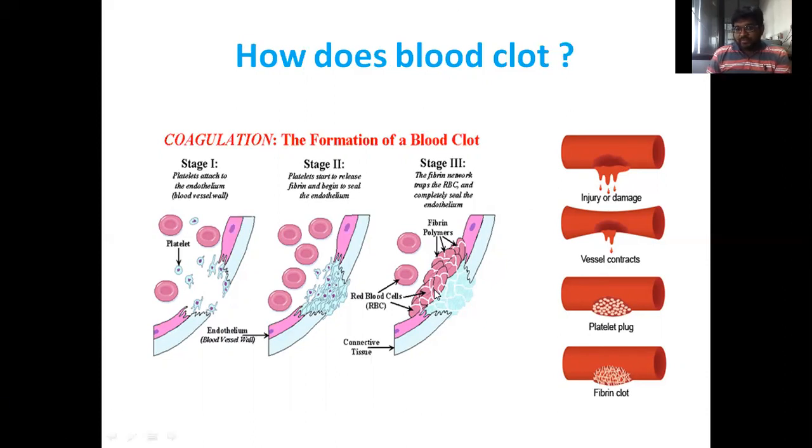The fibrin polymers make a seal over that particular site of the injury. You can see here also the fibrin clot, platelet plug, and vessels contracting at the injury.